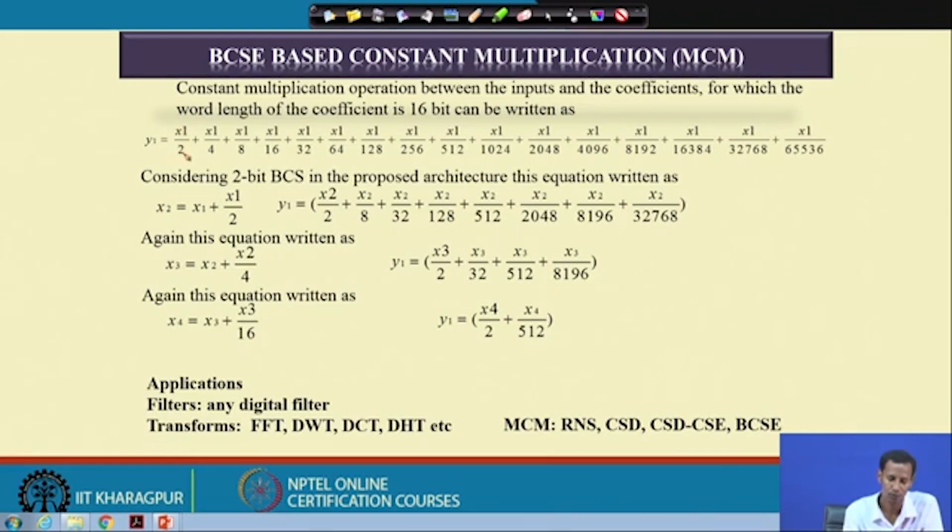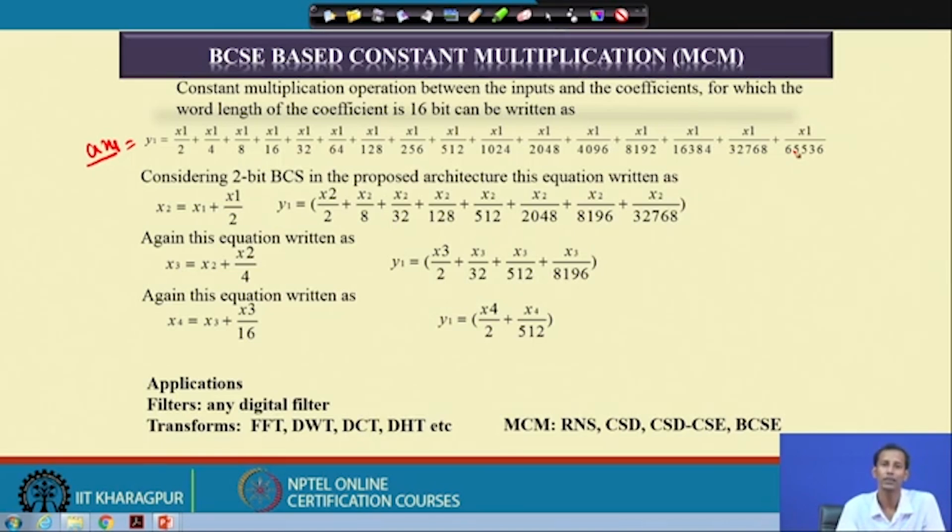So, I will get x1 by 2 here, A 14 is 1, so I will get x1 by 4 here, A 13 is 1, so I will get x1 by 8 over here. A 12 is 1, so x1 by 16. In this manner, for doing this A x1, which is y1, I will get each of the terms which I have to add.